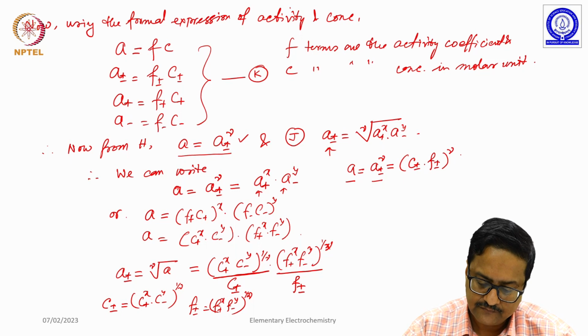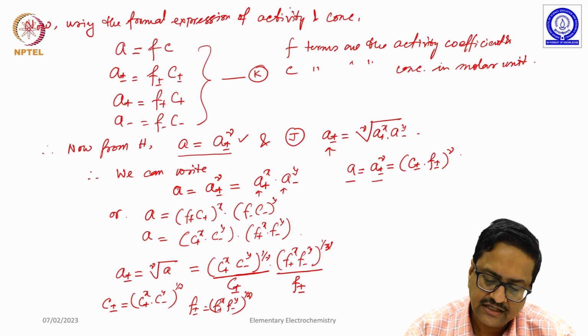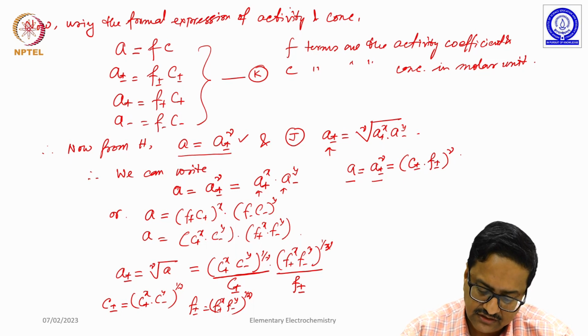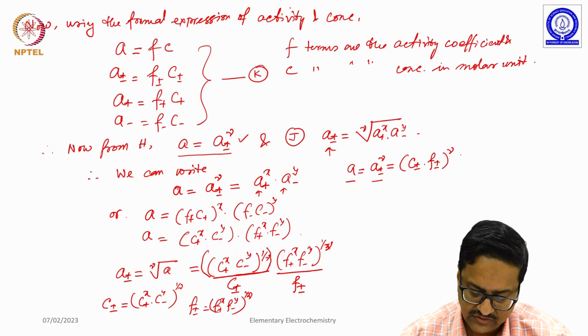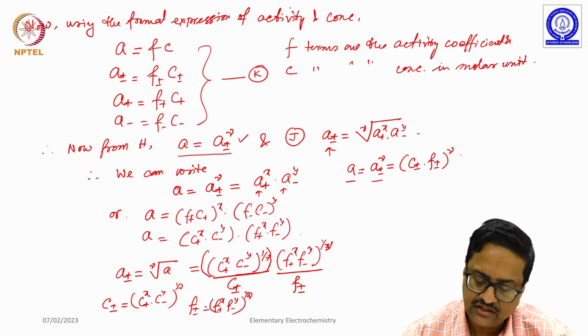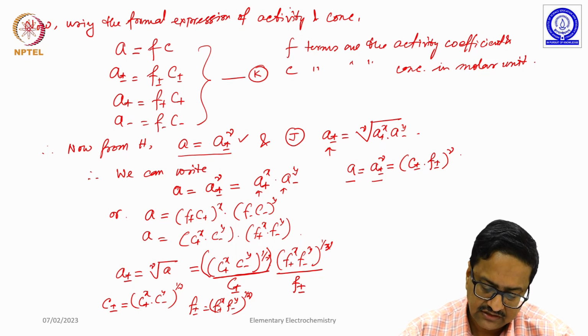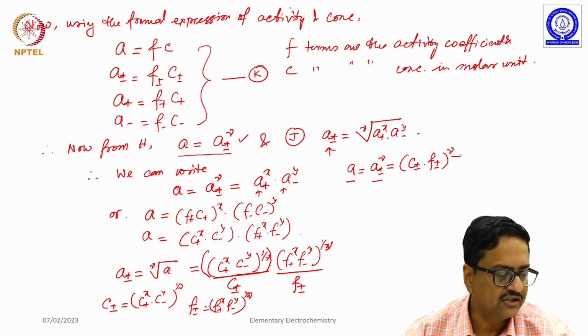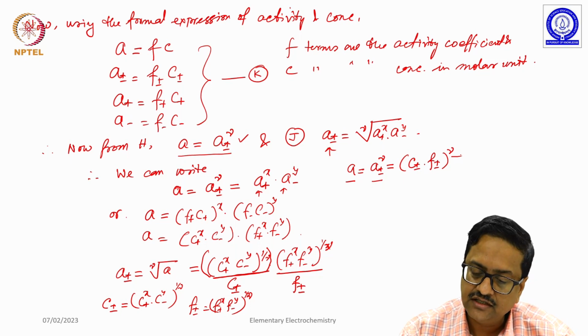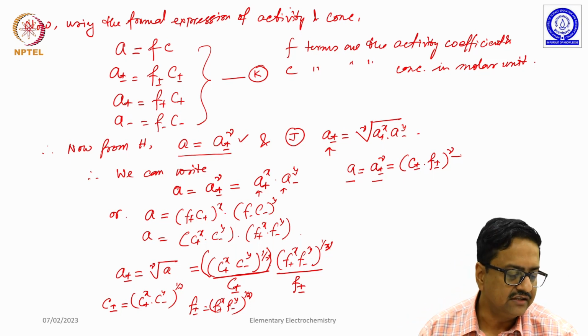So I am writing here it is A plus minus to the power nu, and this entire quantity is equal to c plus minus. So when you write c plus minus with this power, the nu remains in this expression.